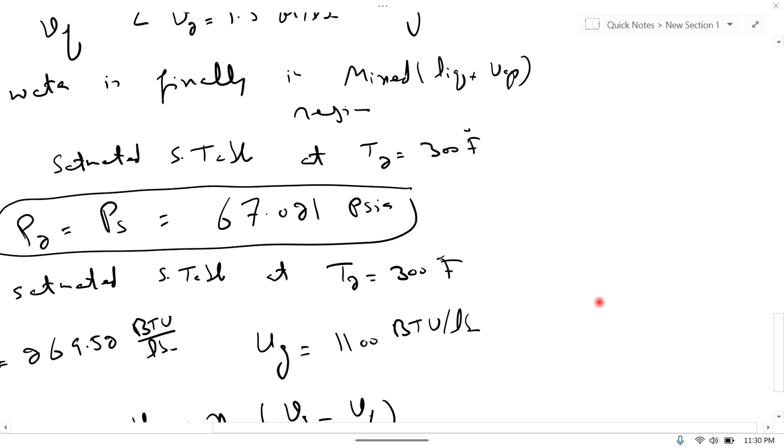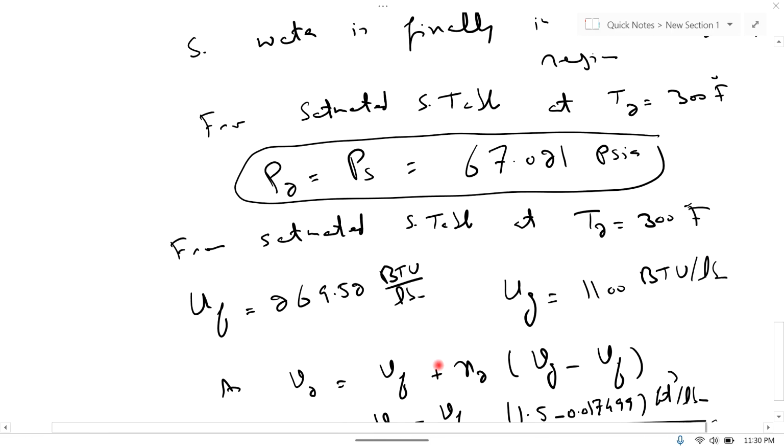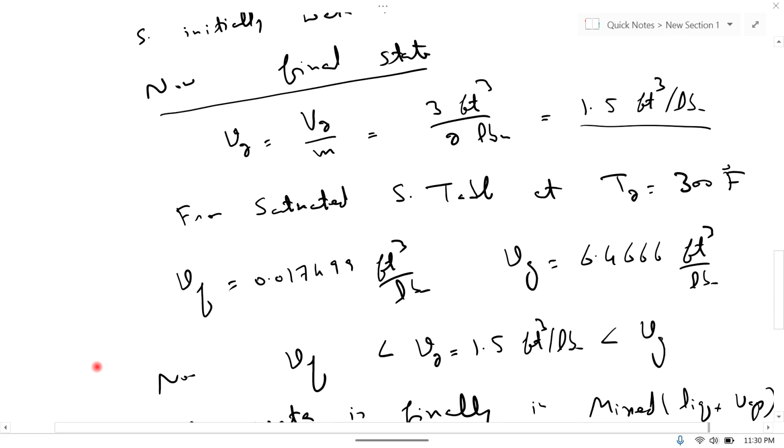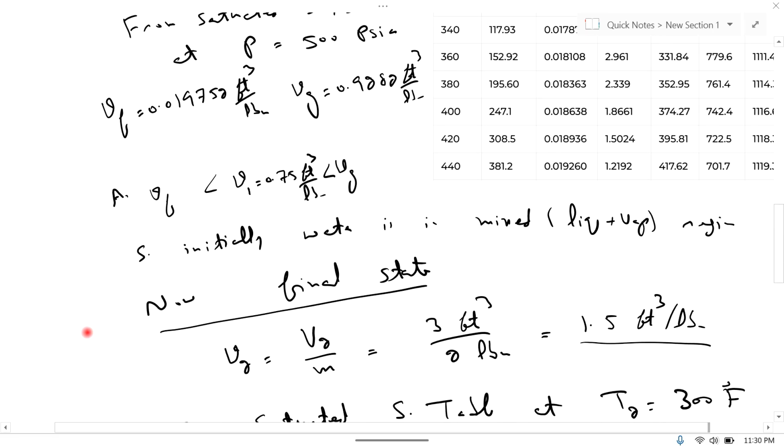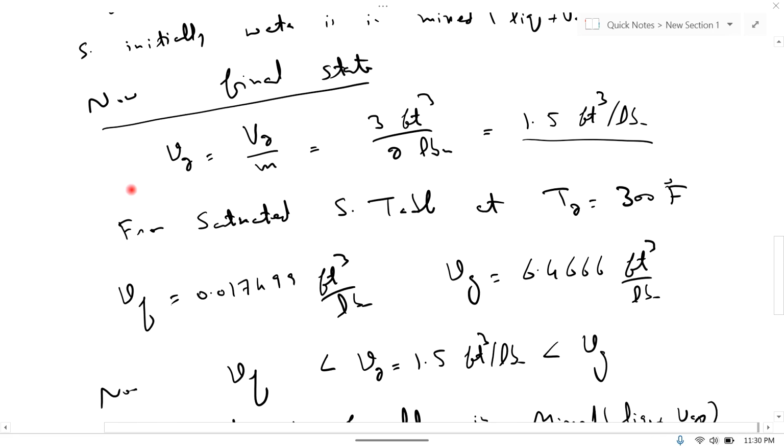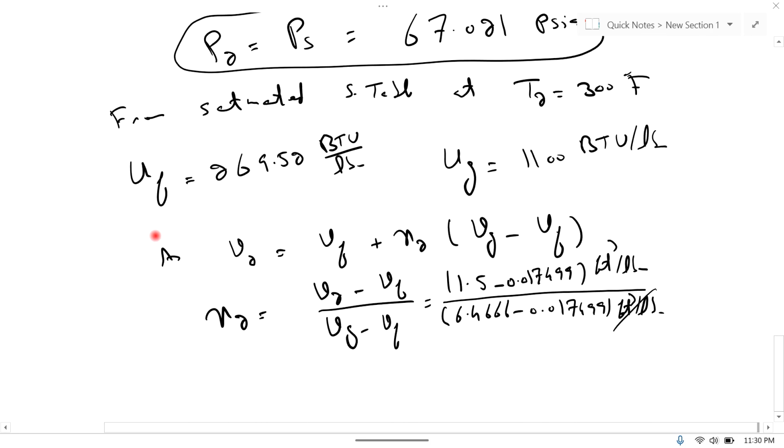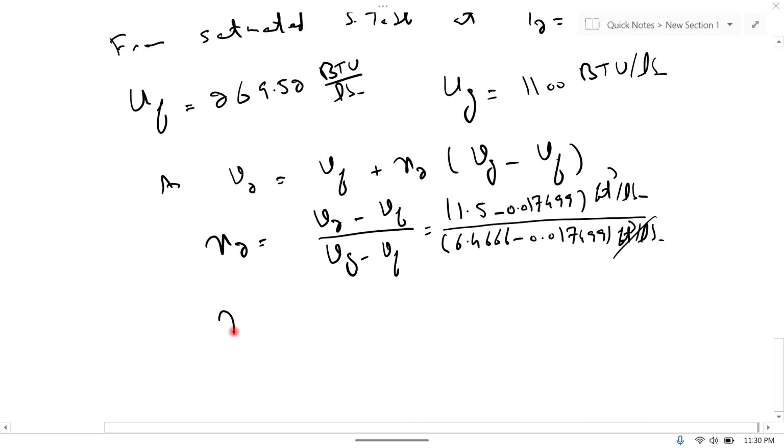The units cancel. Simplifying, X2 is equal to 0.22988.